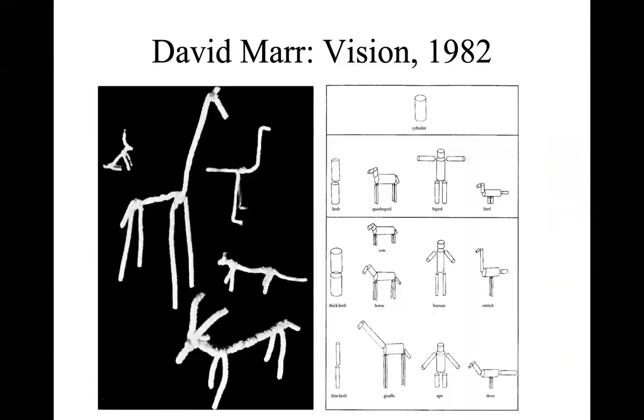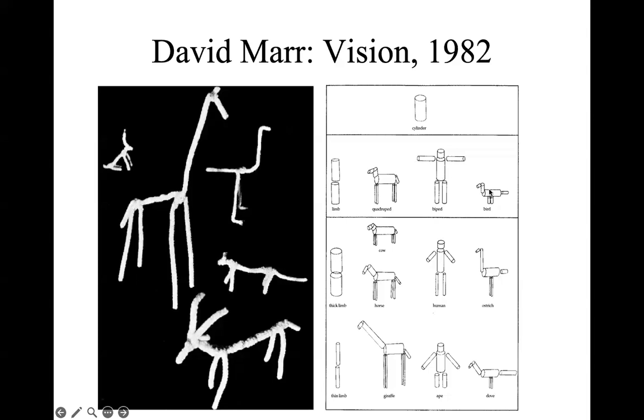Marr went one step further, and he said that, okay, these pipe cleaner things, the one-dimensional pipe cleaners, we can represent with cylinders. And a cylinder has two dimensions. It has a length and it has a diameter. And that's all. You can represent a cylinder in two coordinates. And using these cylinders, you can build up a basic animal, like a quadruped, a biped, or a bird.